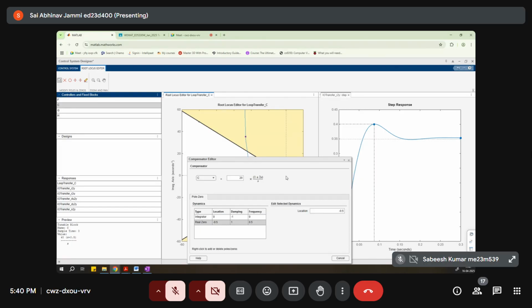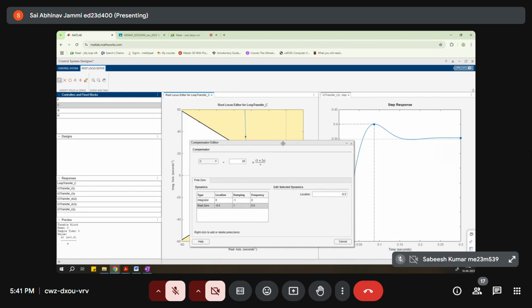No, this value is not Ki by Kp. This value is of Ki, just Ki. Because when you multiply by Kp, it is 20 by s plus 40 by 40, right? So the 20 by s term's numerator is Ki, just Ki. Is it clear now? Okay, I'll proceed then.